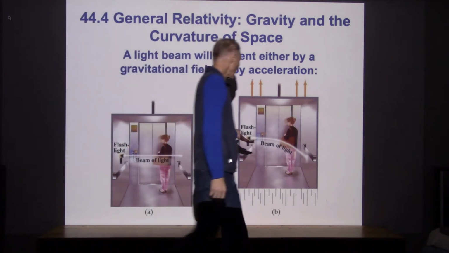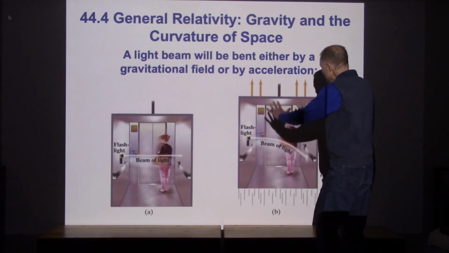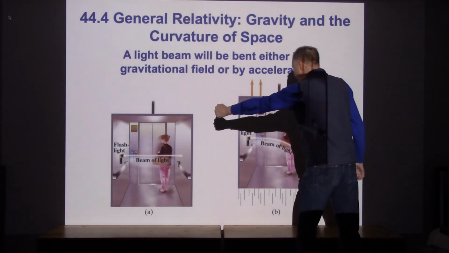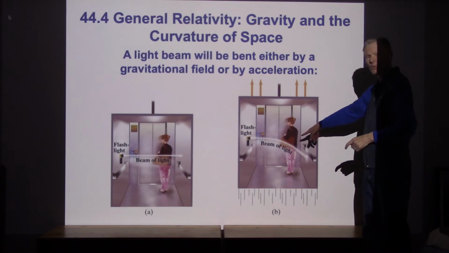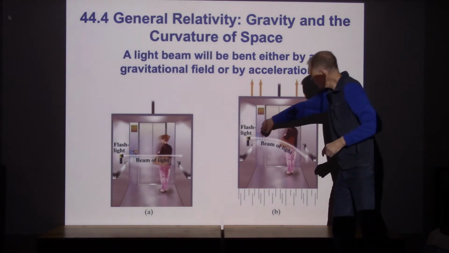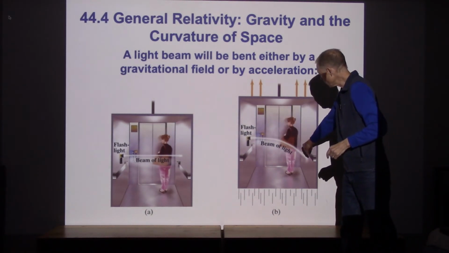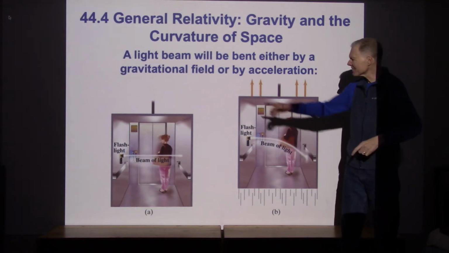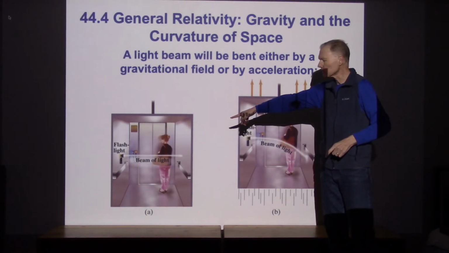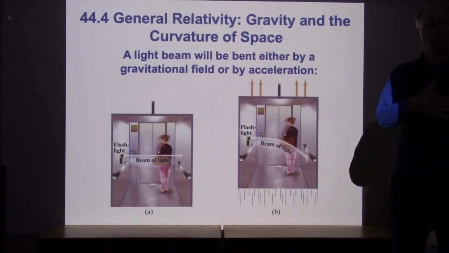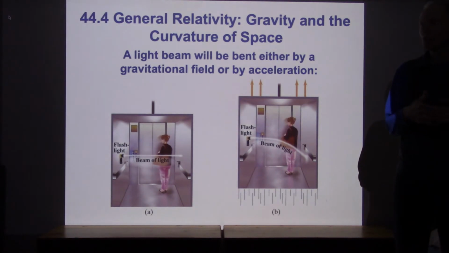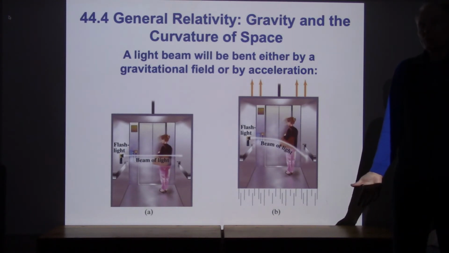But if I'm accelerating, as the elevator accelerates and the light's moving straight through, within my reference frame, within the elevator itself, it's going to look like the light has curved. So Einstein said this isn't really what happens in a gravitational field. In a gravitational field, light actually will be deflected. So not only do objects with mass interact gravitationally, but also objects with no mass.